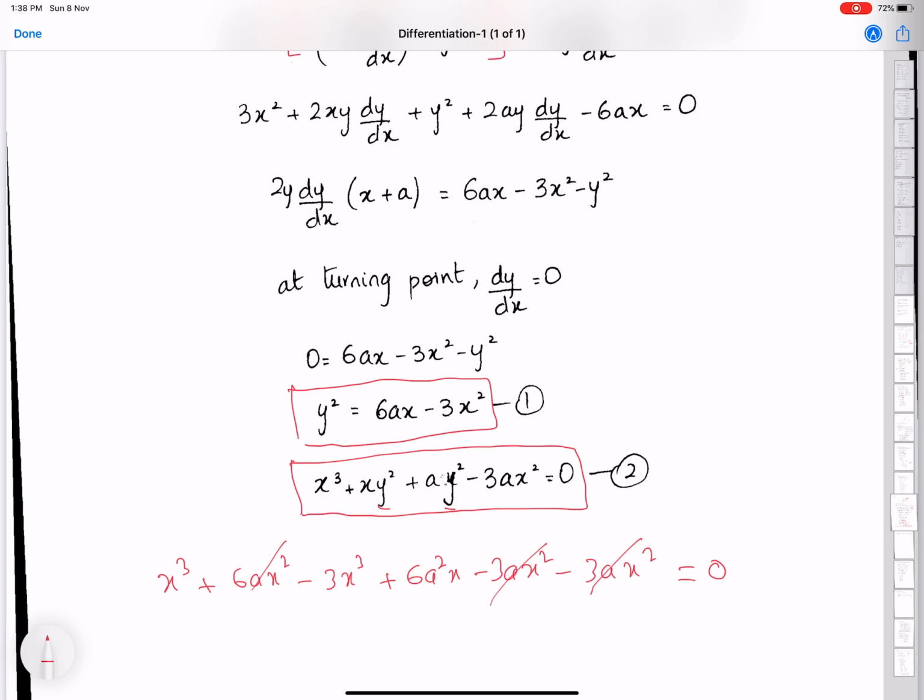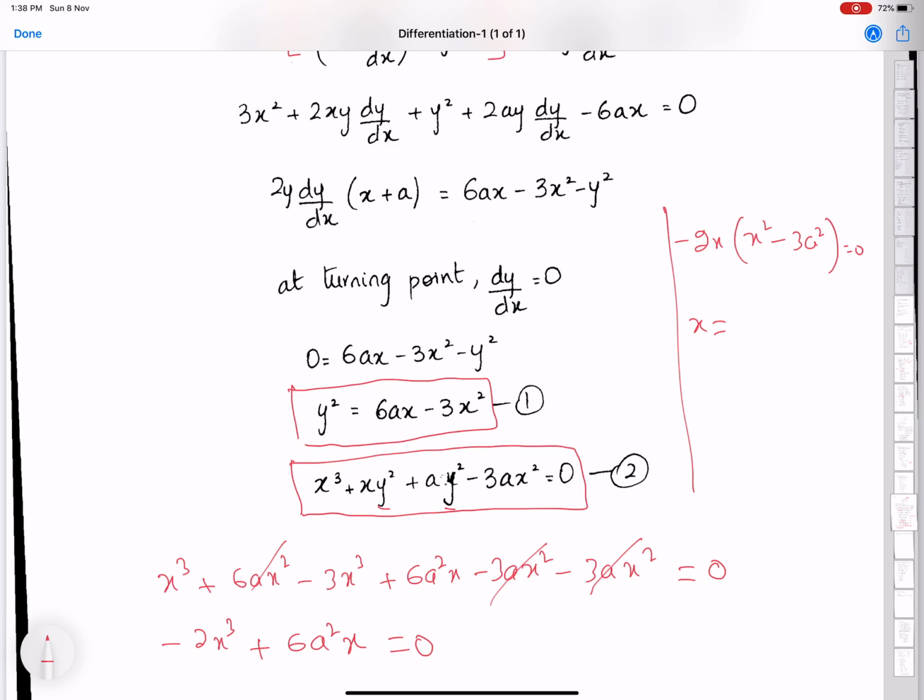Now we have minus 2x cube and 6a square x. Let me simplify this here. By taking minus 2x common, we have x square minus 3a square.